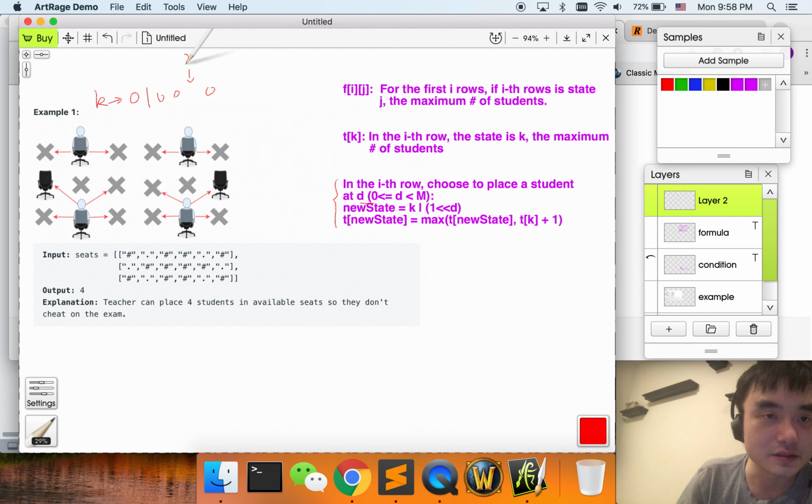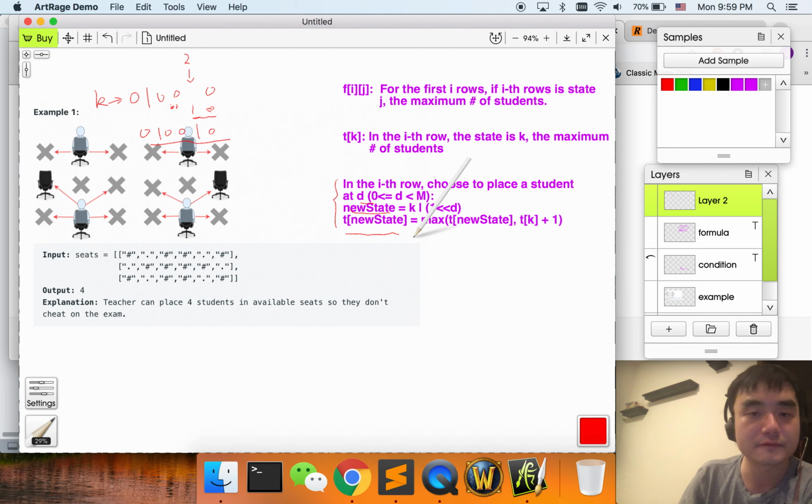So d here is 2. So we move 1 to its left, right? So we get a number like this, and we do an OR operation so that we get a number like this, right? So this is the new state. And if the new state's original value is less than the new value, we can replace it using the bigger one, right?